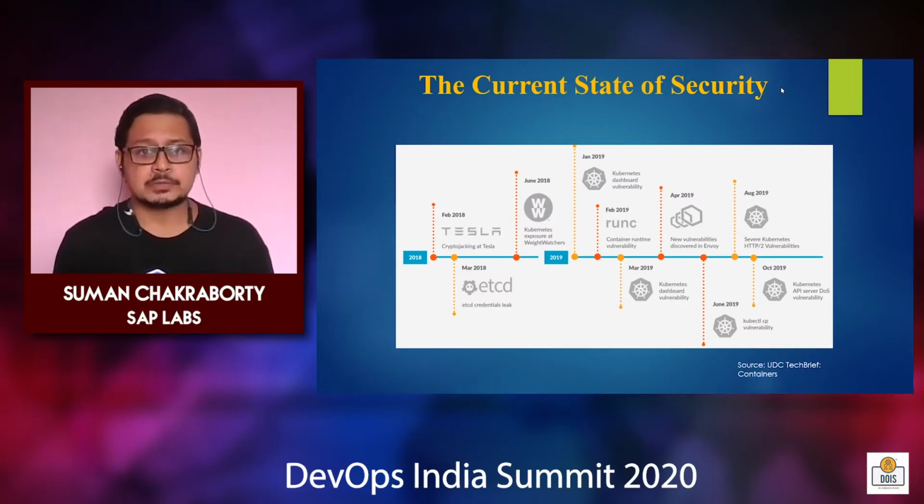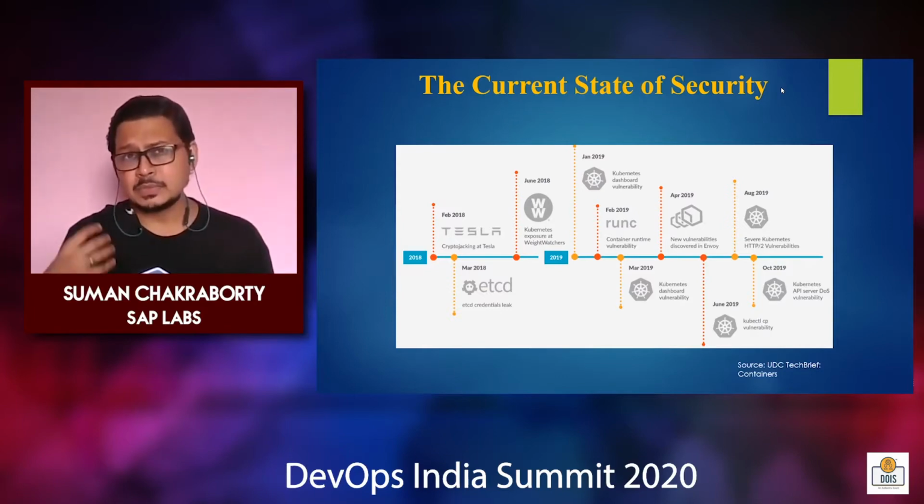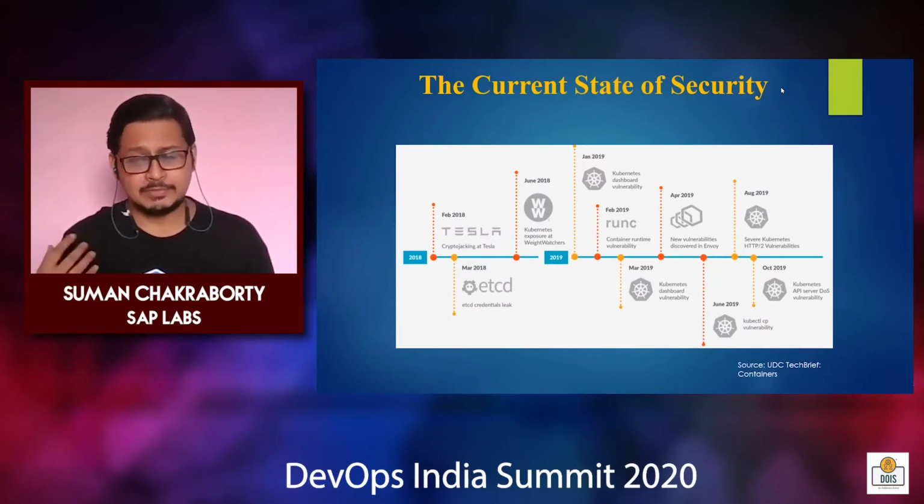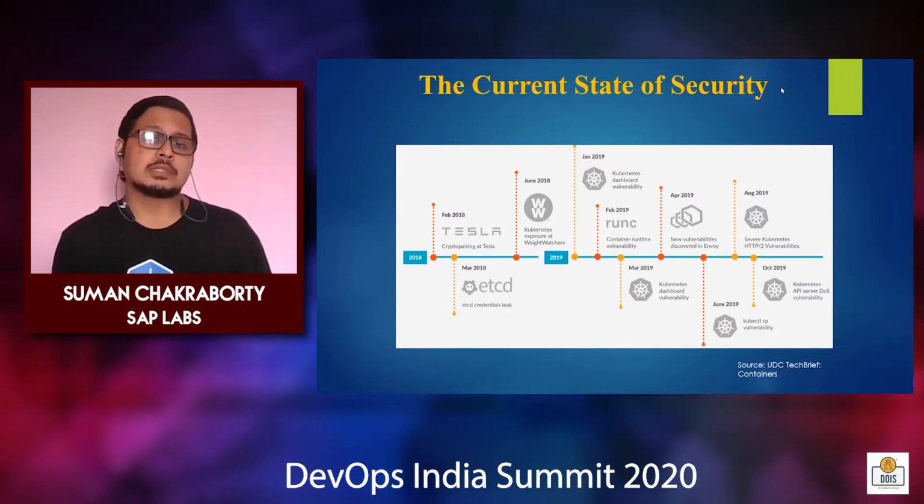There were incidents reported on the database side, like etcd, where certain credentials were leaked, incidents around Kubernetes dashboard accessibility, around container runtime vulnerabilities, and even an incident in managing Kubernetes actions, like sending data from the host to the containers. And even the Kubernetes API server has reported receiving many DDoS attacks.